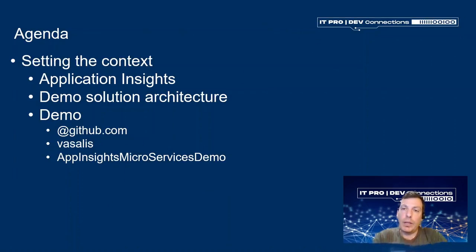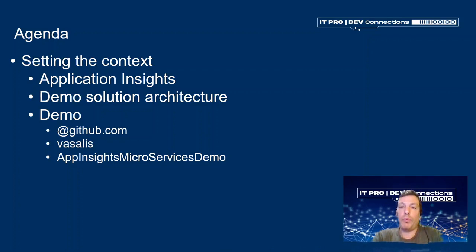Before we start, I'd like to say that this is a deep dive session, in terms that I'm not going to focus on details of the various services that we're going to see. I take into consideration that you are already a bit familiar with Application Insights, Azure Functions, Azure Web Apps, and Azure Kubernetes Service, because all these things we are going to use in the demo.